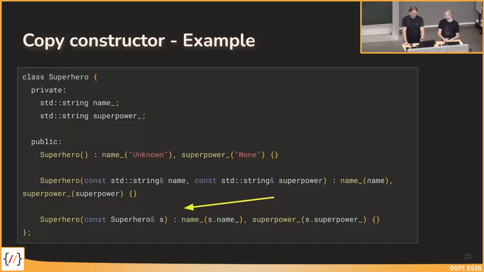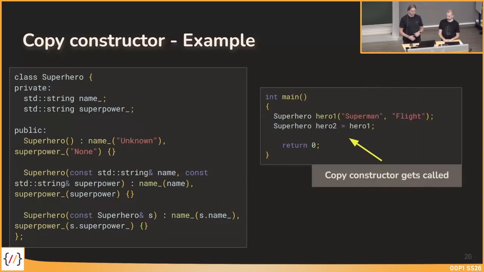How can we now call this copy constructor? We will see how it is used and called. For example, we first create an object superhero hero1 here. We are passing the name and the superpower, so this is what we already know, just a simple constructor.